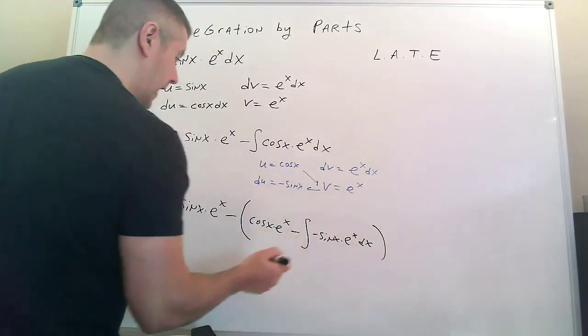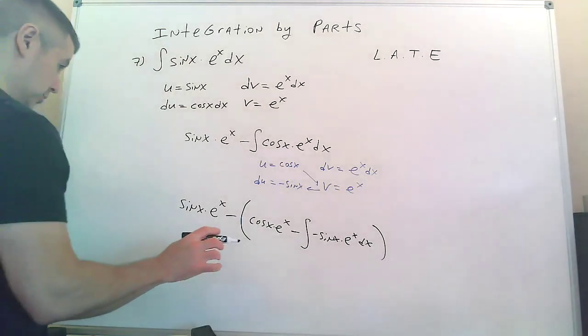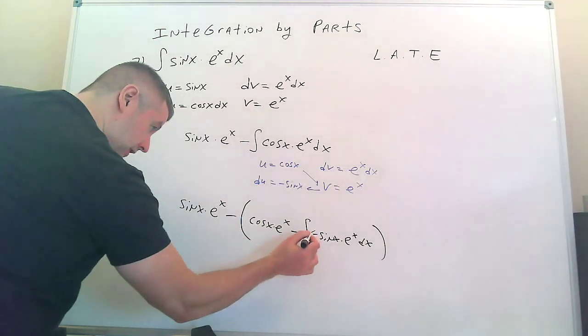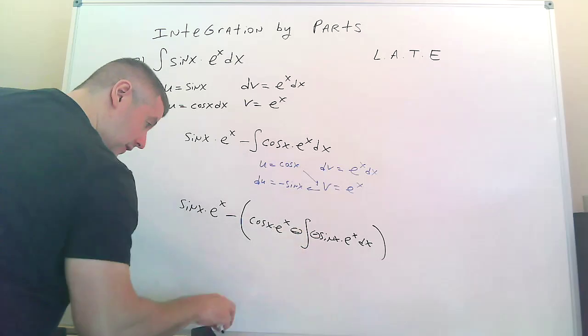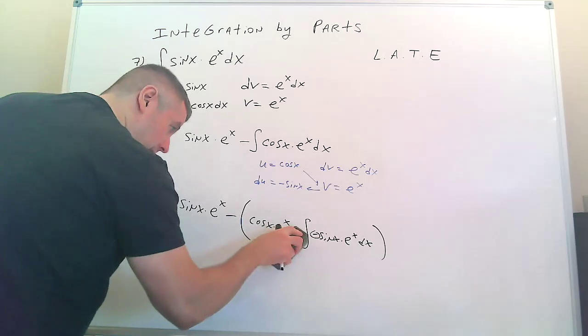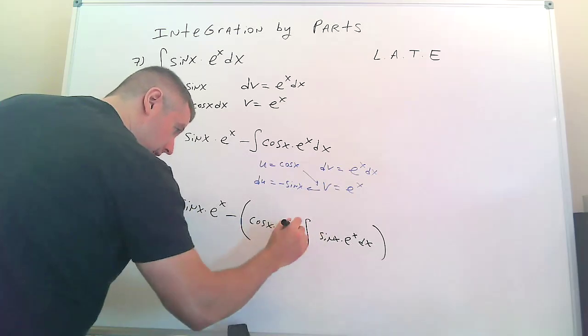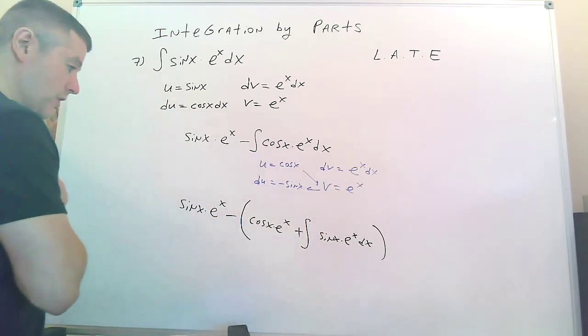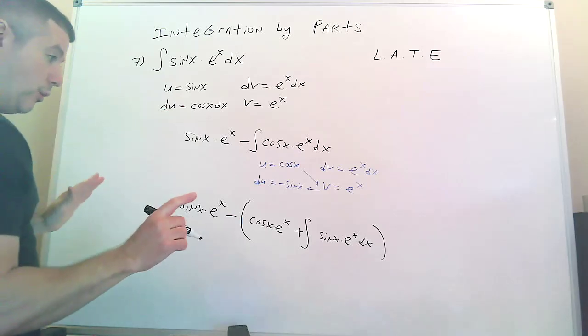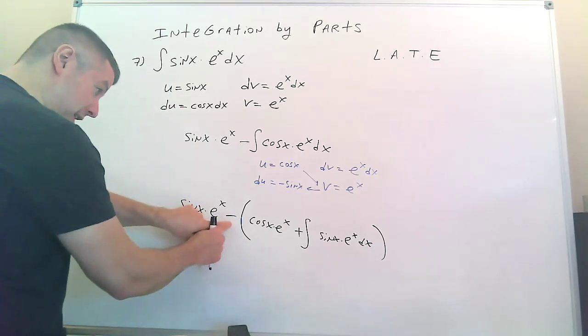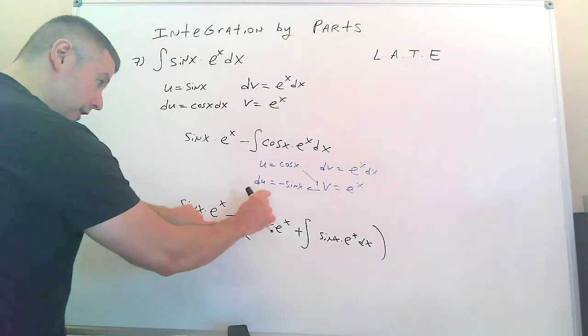So now, like I told you before, this is really vicious with the signs. I have this negative, and I have this negative. I'm going to create a positive from them, right? I'm going to take that negative out into the front and make it a plus. Now, I'm going to do one more thing, because I still have this negative that's going to distribute to here and to here.